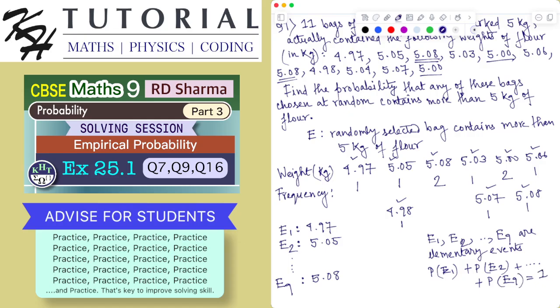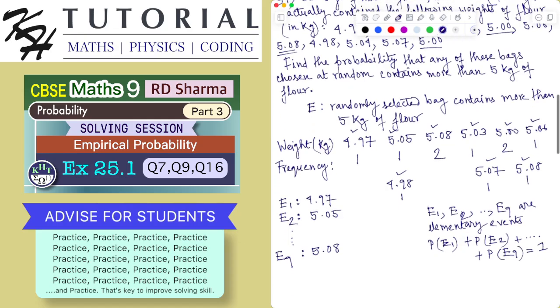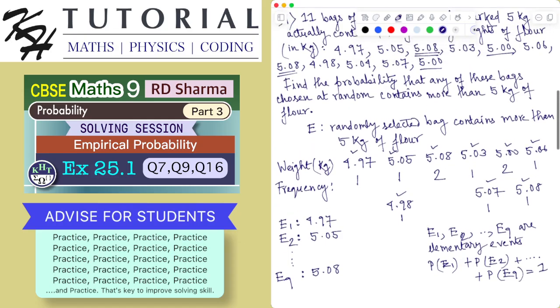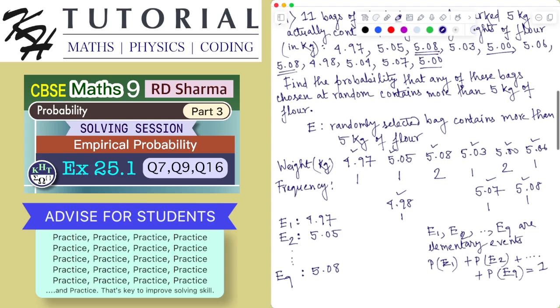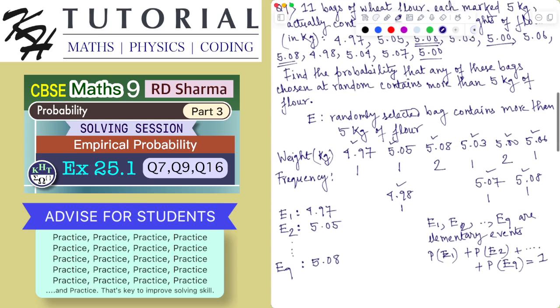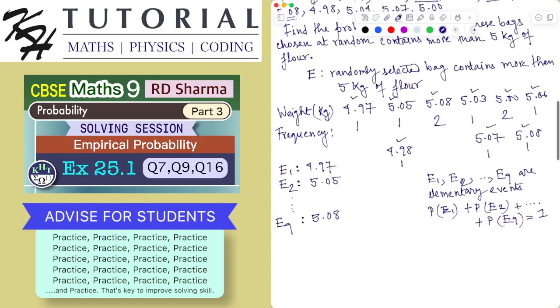I am not computing this, but definitely it will be equal to 1. Now let's see what the problem has asked. Find the probability that any of these bags chosen at random contains more than 5 kg of flour. Consider the event A to be that a randomly selected bag contains more than 5 kg of flour.